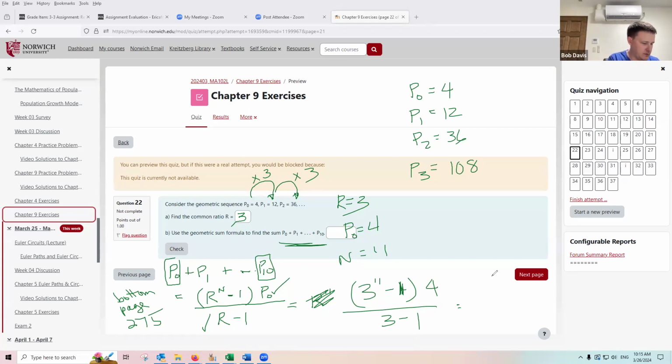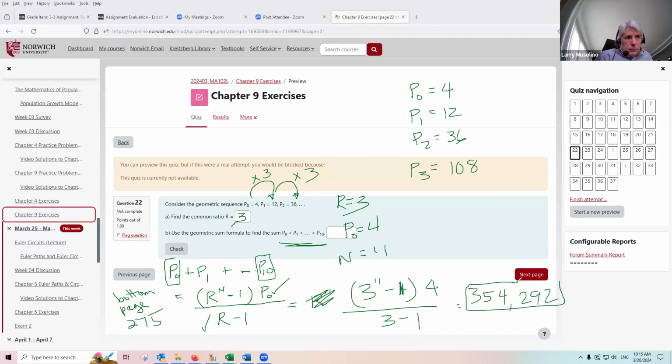Okay, divided by 2. So I have 354,292. I think that sounds right. Good. Awesome. So now I don't have to go all the way to 10. That answer you just got would be the same answer if you added up P sub 0 plus P sub 1 and so on individually, but this, of course, is a lot quicker.